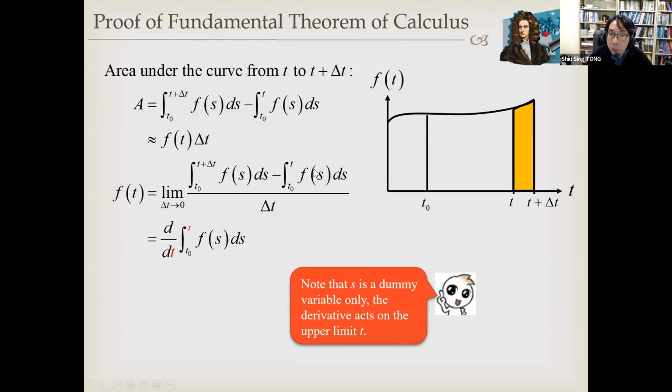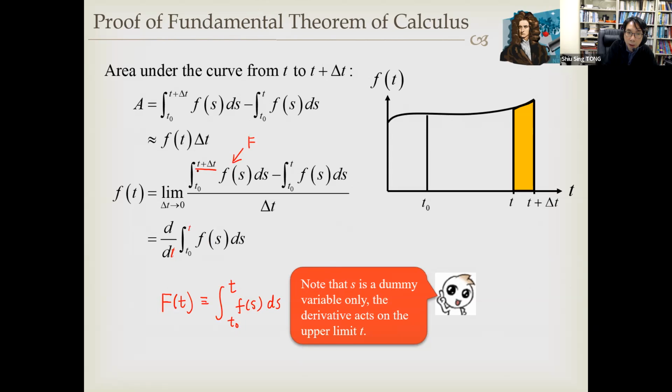If I consider this integral to be a function, I define this integral to be a function, which I may call a big F. I define it by this expression. When I integrate this small f from t naught to t, I call it a function big F. So this is a function.